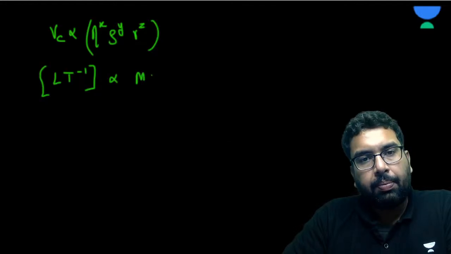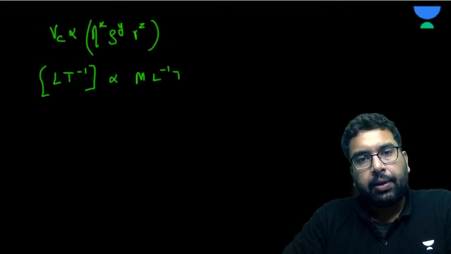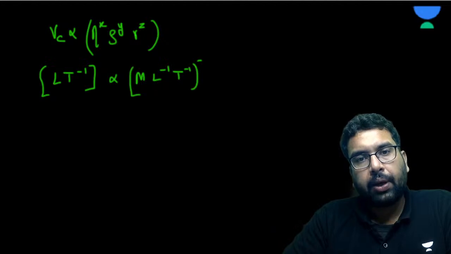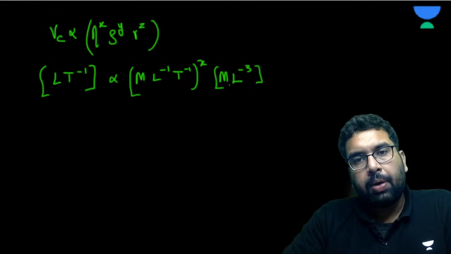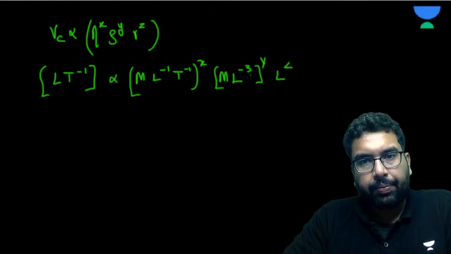M L minus 1 T minus 1 to the power x. Okay, density is kg per meter cube, so it is M L minus 3 to the power y, and this is L to the power z.